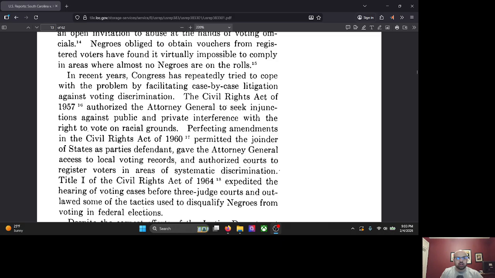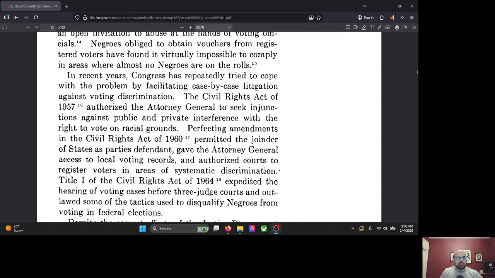In recent years, Congress has repeatedly tried to cope with the problem by facilitating case-by-case litigation against voting discrimination. The Civil Rights Act of 1957 authorized the Attorney General to seek injunctions against public and private interference with the right to vote on racial grounds.